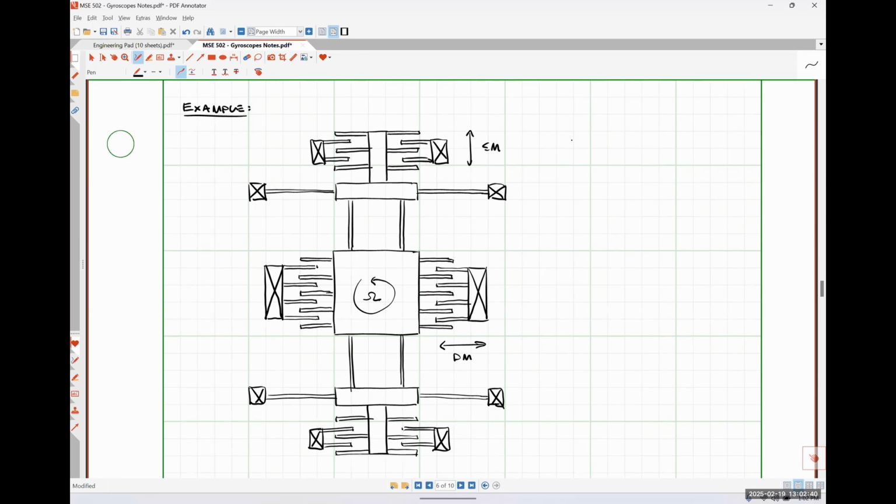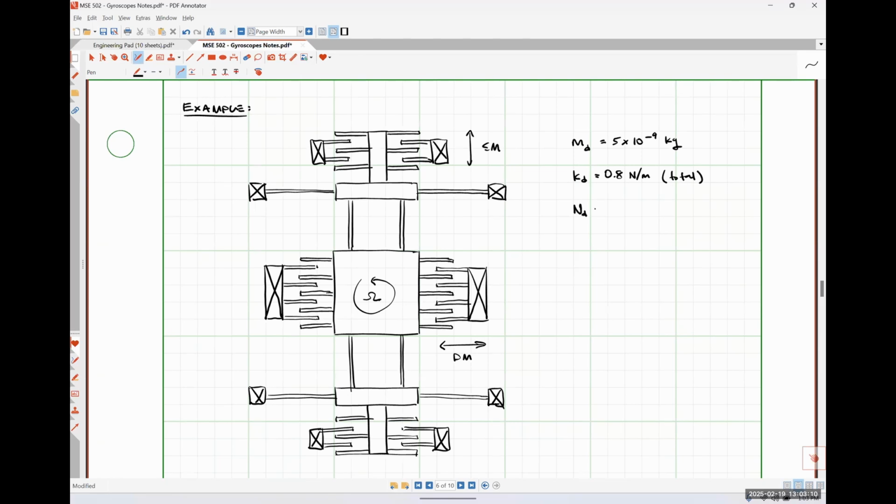So now let's give you guys some values. The mass of the drive mode would pretty much just be that central plate, so let's call that 5 times 10 to the minus 9 kilograms. Our spring constant for our drive mode would be 0.8 newtons per meter, and that's the total.